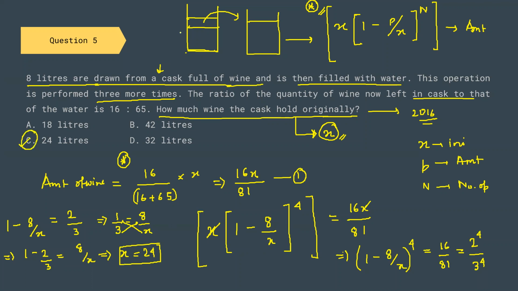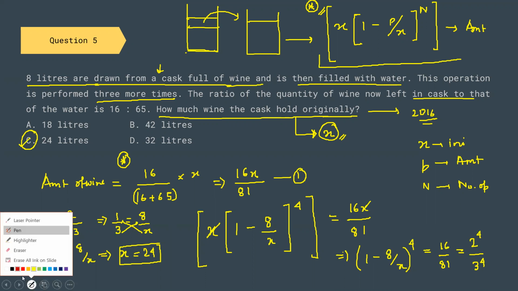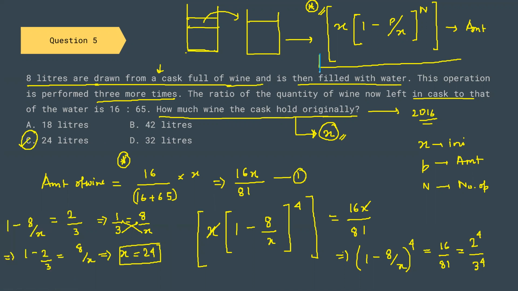So from this particular question, we have learned two things. First, this important formula. Whenever you have a question from mixtures and alligation, and when you're mixing liquids and the ratio and proportions are changing, please use this particular formula. I'm just marking it out so that you can consult it later. This is an important formula. Write it down in your copy.